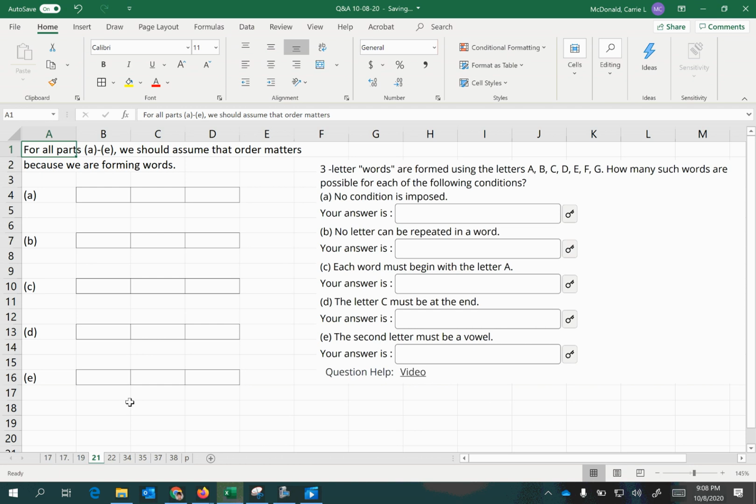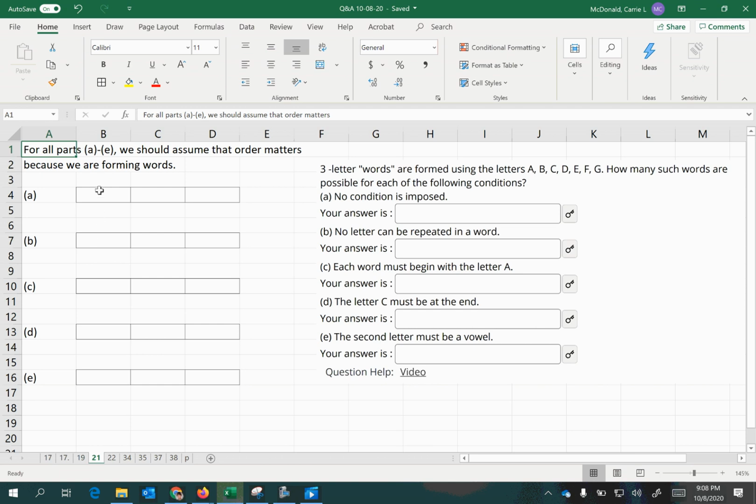If it is a situation where order does matter, then you're definitely not going to be using the combinations formula. So all of these are permutations, and we're going to use the fundamental counting rule to figure these out.